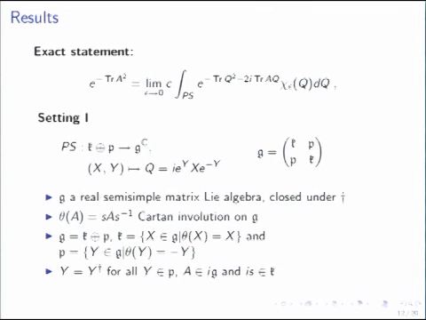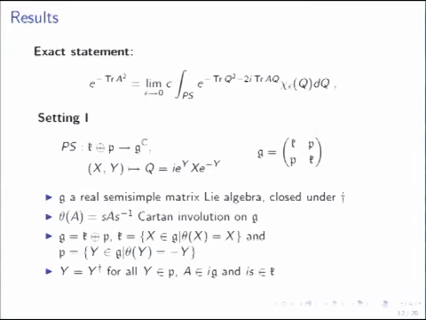So this approach is unitary for epsilon going to 0. The first setting contains the pseudo-unitary case, so you have exactly the same notation, but now G can be a general real semisimple matrix Lie algebra which is closed under conjugate and transpose.